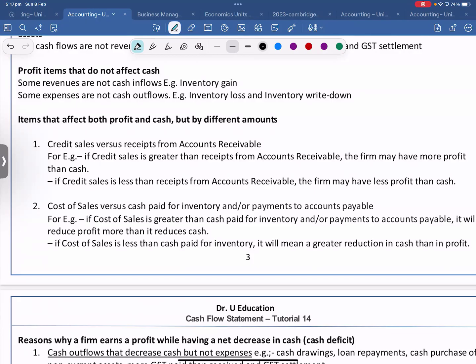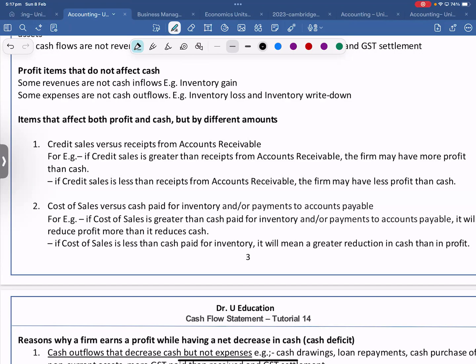Next, the other story is cost of sales and cash paid to accounts payable and cash purchase of inventory. Why? Because what is converted to cost of sales? Product cost or period cost? Product cost, included in the sales.